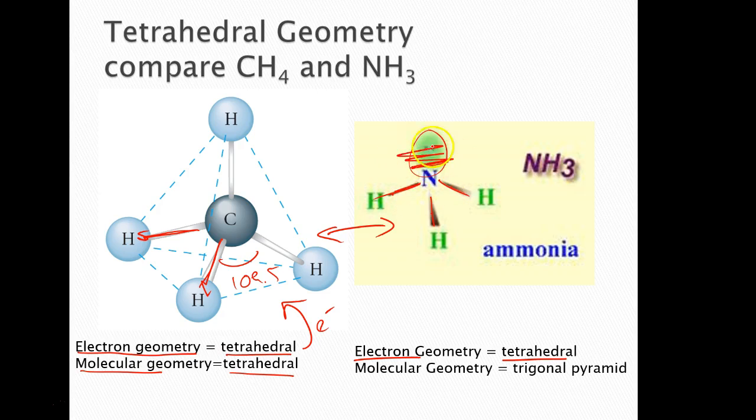But you can't see this guy. He's not there. And so what you see is kind of this shape that isn't flat, still has about 109.5 degrees, but they call it a trigonal pyramid because it's kind of a pyramid shape and it's got a triangle for a base.